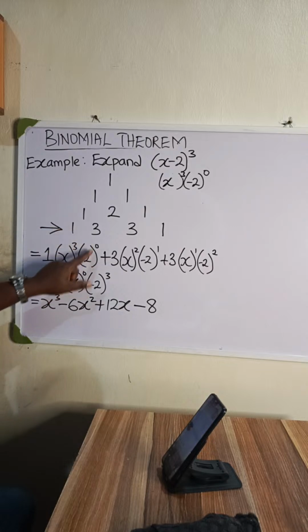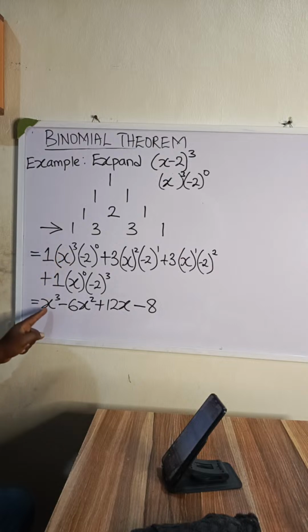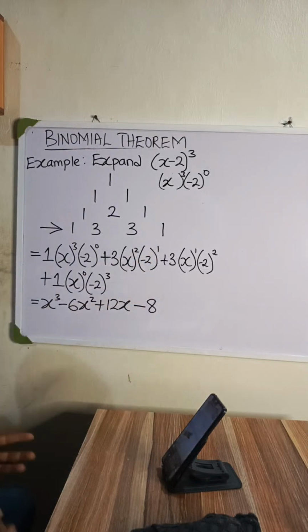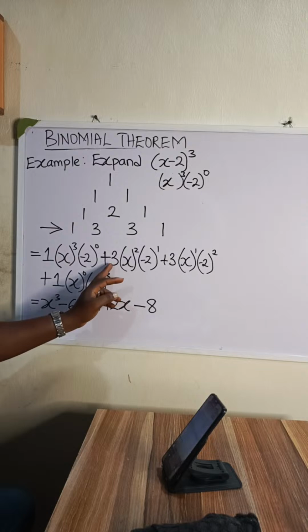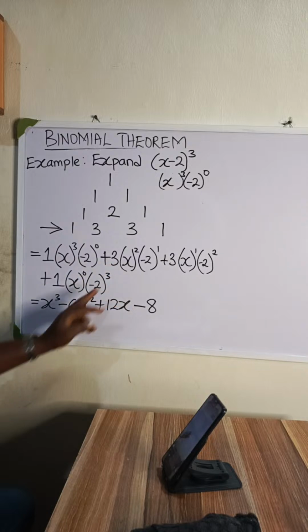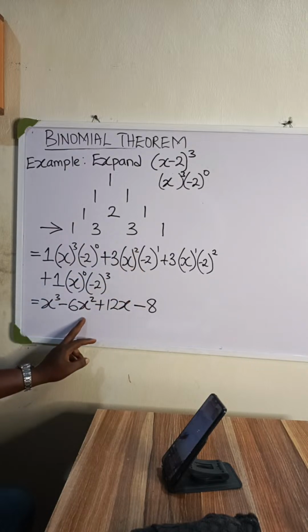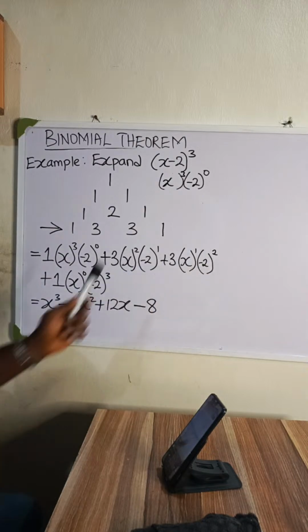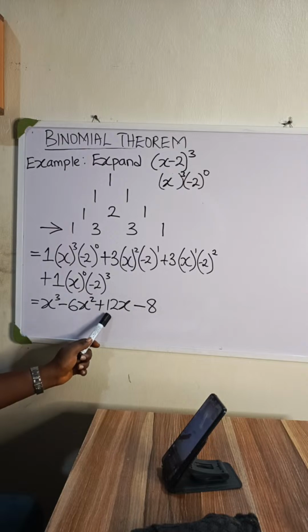We know that minus 2 to the power of 0 is 1. So x to the power of 3 times 1 will give you x to the power of 3. Minus 2 to the power of 1 is minus 2. Minus 2 times 3 is minus 6. We have x to the power of 2. Minus 2 to the power of 2 is positive 4. Positive 4 times 3 is 12.